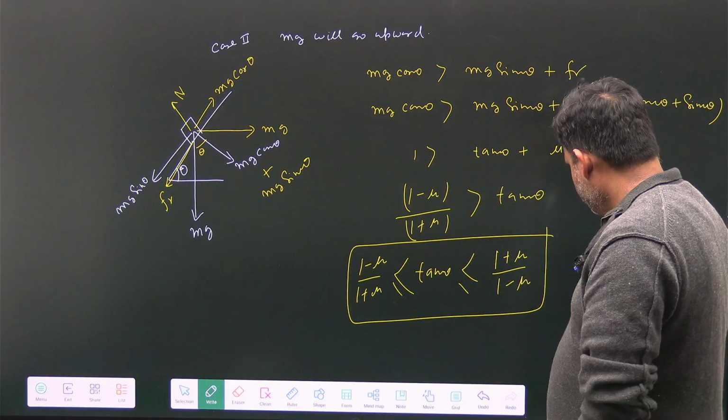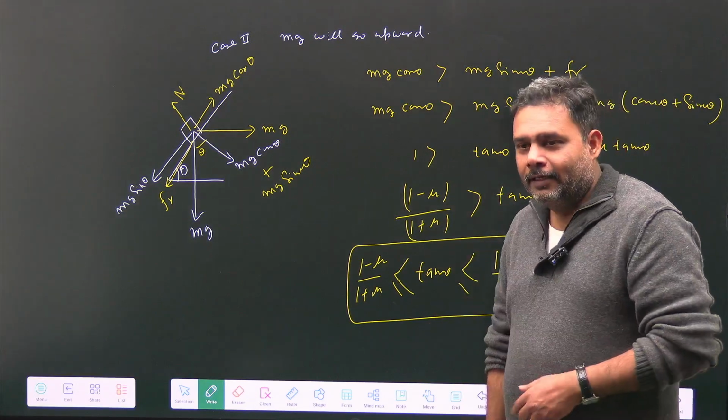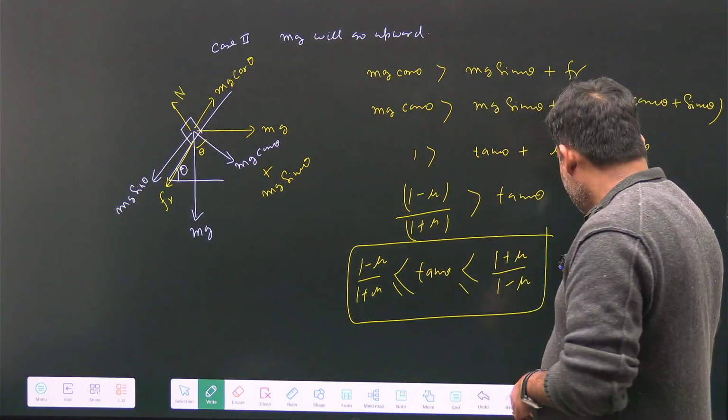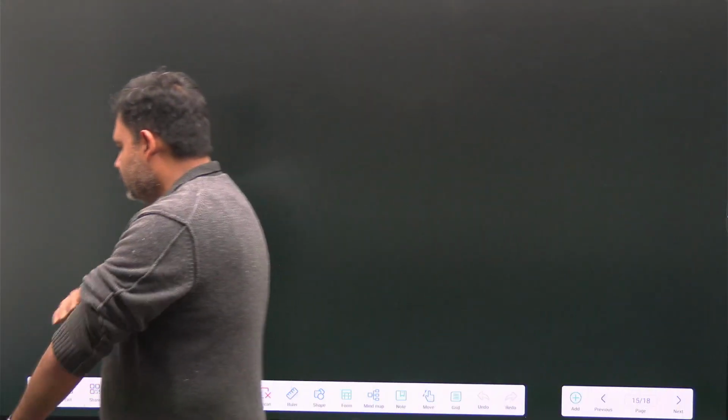First I will go for the simpler version, then we will go for the little bit main version which I want to discuss. Clear, brother?